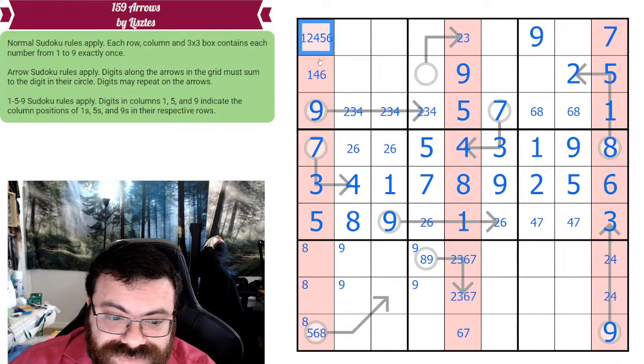Remove 5 candidates from column 1. Yeah. So there's a 5 placed. This could have never been a 4, because that can't be a 1.